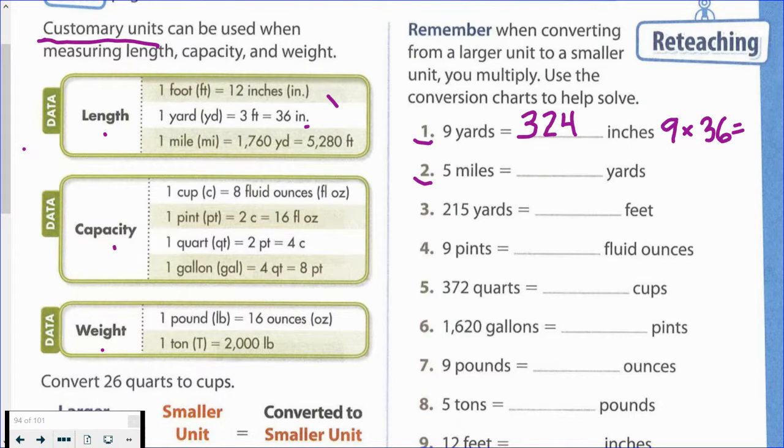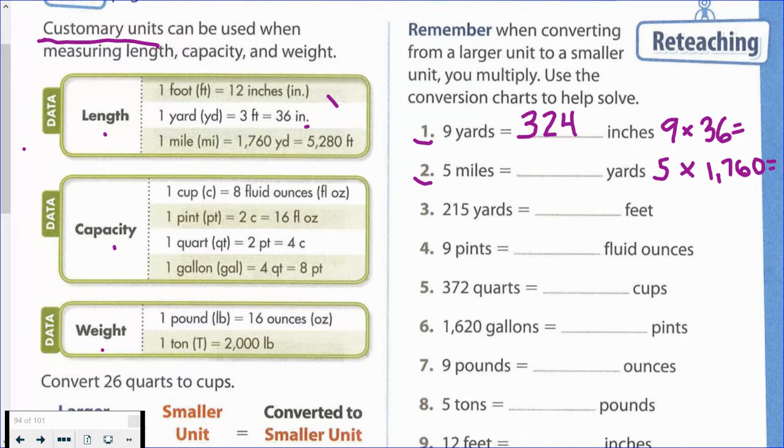Number 2, we're converting miles to yards. So I come over to the conversions chart. I see miles, I see yards. 1 mile has 1,760 yards. So 5 miles, 1,760 yards in each one. I can now make an equation. And again, pause the video and solve it on scrap paper or use your calculator.